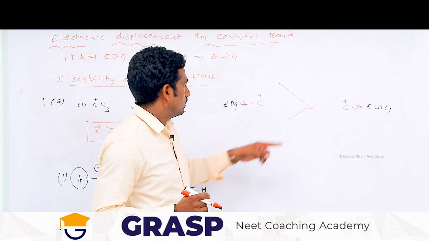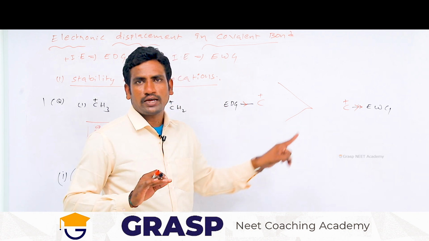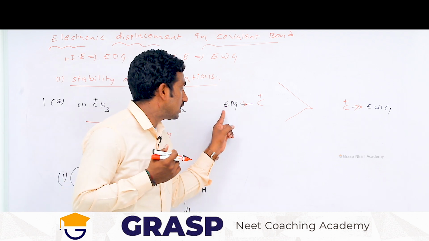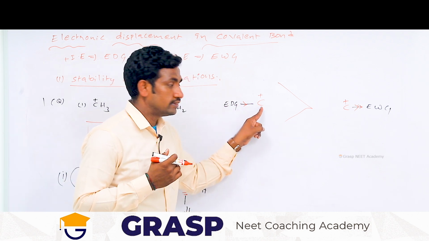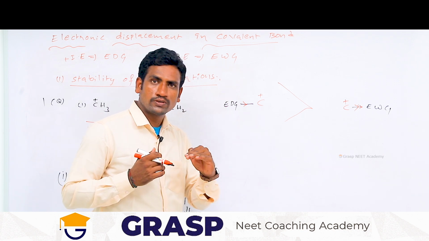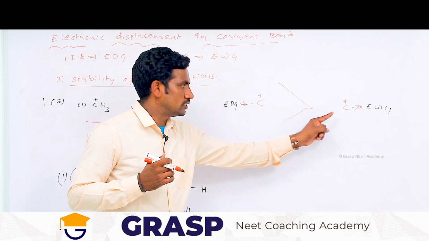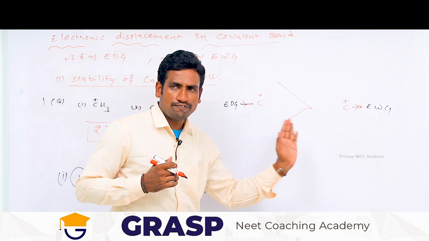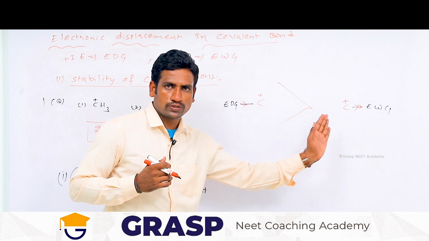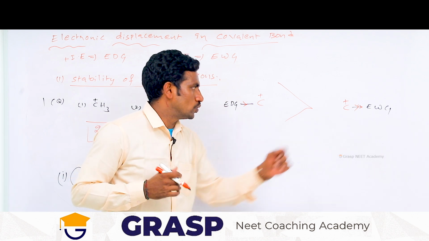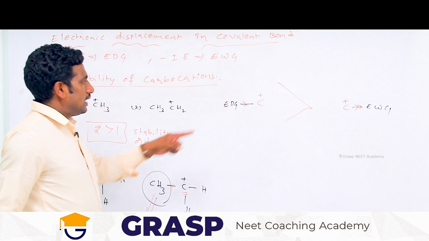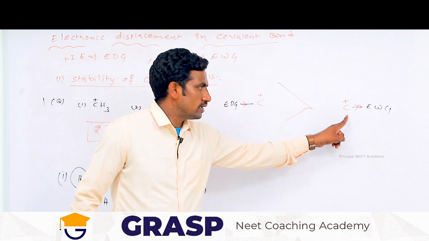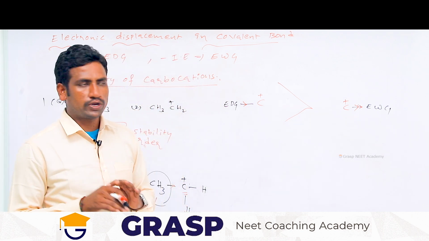It needs to neutralize this charge by taking electrons, but here electron donor groups donate electrons, so this positive charge is reduced and it is stabilized. This one is destabilized because it is still deficient in electrons. So in simple words you can remember: a carbocation attached to electron donating groups is more stable than one attached to electron withdrawing groups.